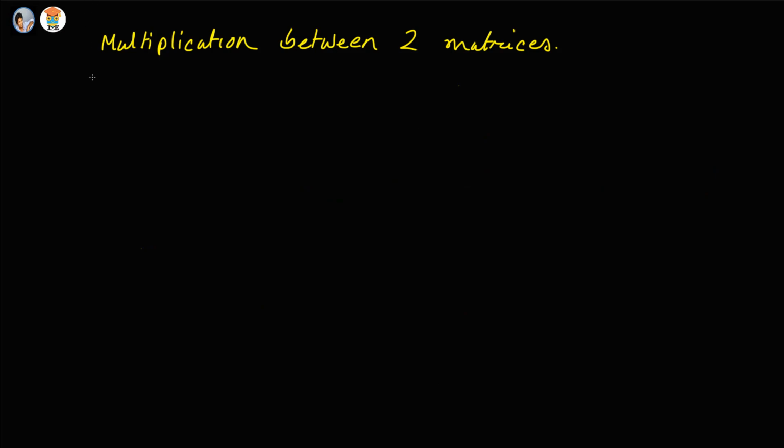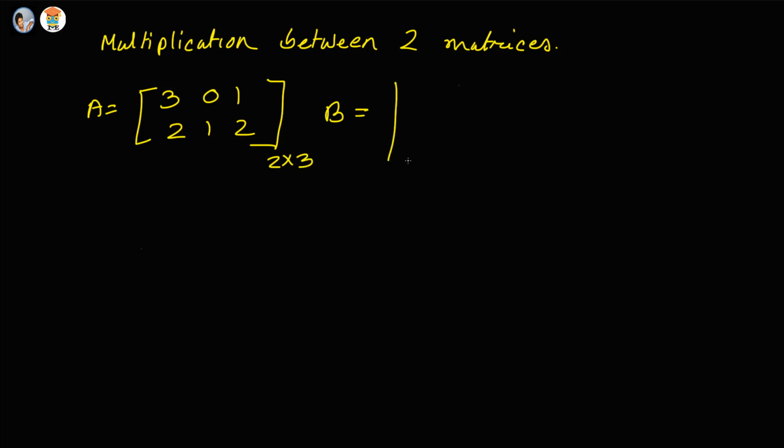So say for example, A is a matrix 3, 0, 1, 2, 1, 2 and B is a matrix, the dimension of A matrix is 2 by 3, and B is a matrix, say 3, 2, 1, 2, 4, 2.